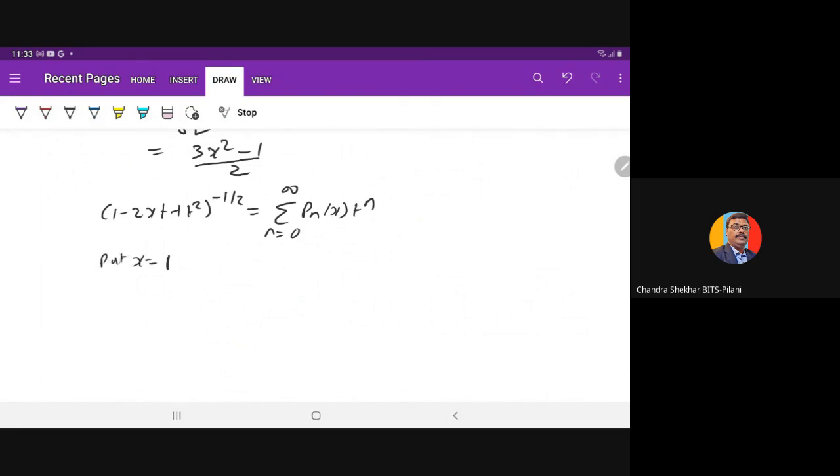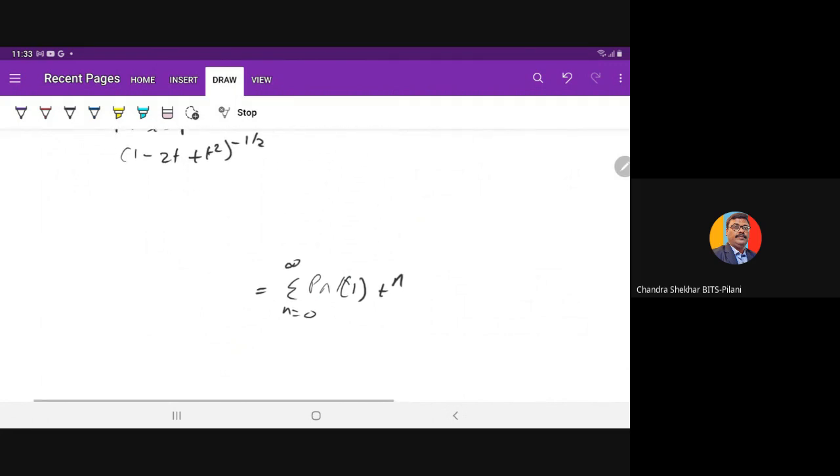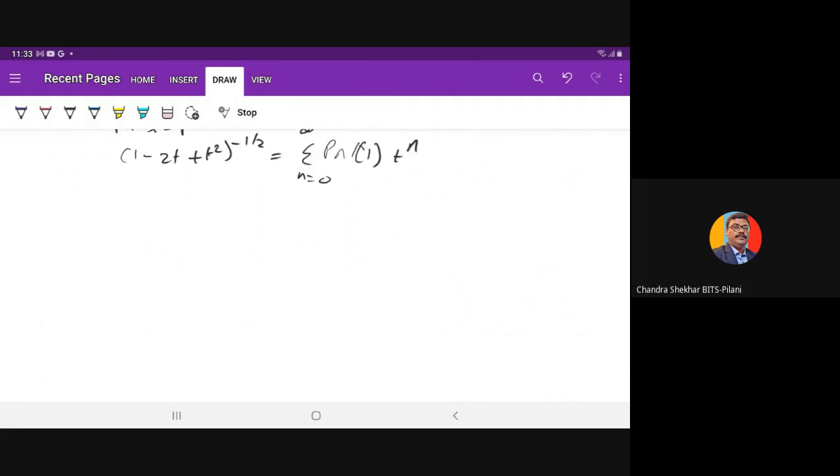As you put x is equal to 1, you will have (1 minus 2t plus t square) to the power minus 1 by 2 equal to summation n is equal to 0 to infinity Pn(1) t to power n. What is the left hand side? The left hand side will be (1 minus t) whole square to the power minus half, summation n is equal to 0 to infinity Pn(1) t to power n.